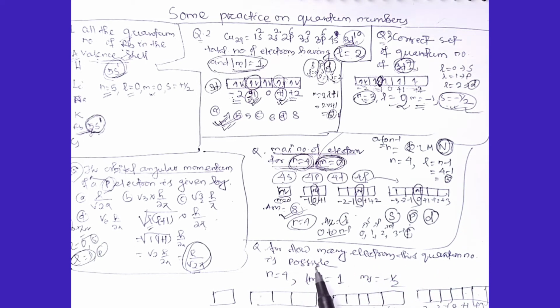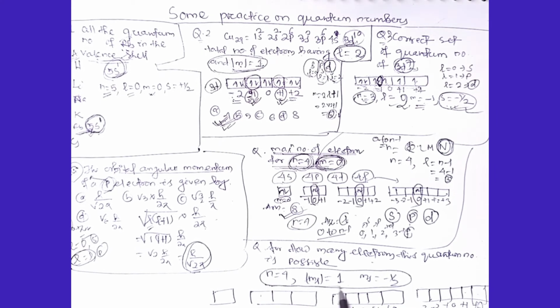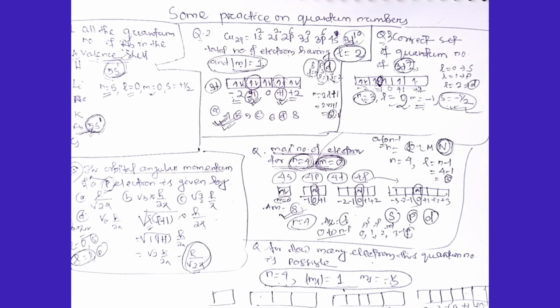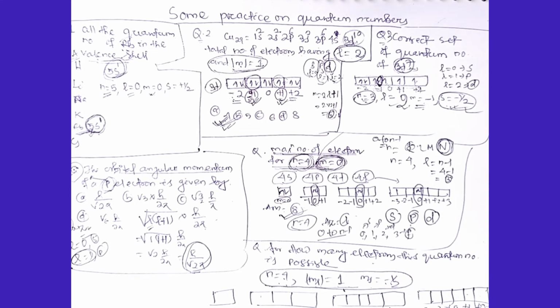Now the last question: how many electrons are possible for this quantum number set? If the quantum numbers are n equal to 4, ml equal to 1, and ms equal to minus half, how many electrons are possible? In the same way, n equal to 4 means there are 4 subshells s, p, d, f, and we know the number of orbitals here.